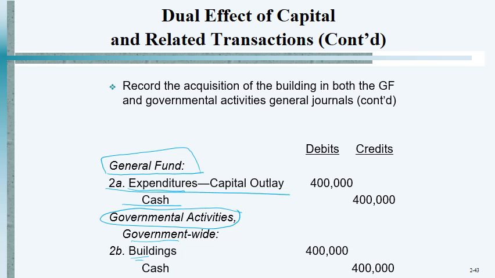Now as we go through the text, the slides put out by the author of the book are going to be showing this dual system where we're making an entry at the government-wide level and at the fund level for the same transaction. At the individual fund level, in a governmental fund like the general fund, we use modified accrual accounting, and at the government-wide level we use full accrual accounting.